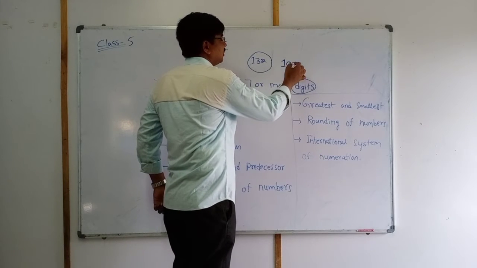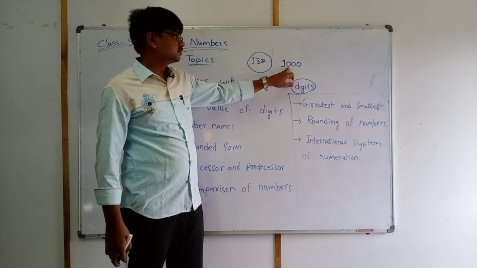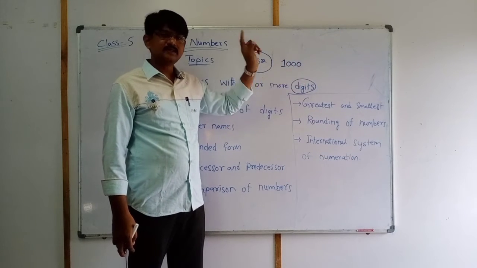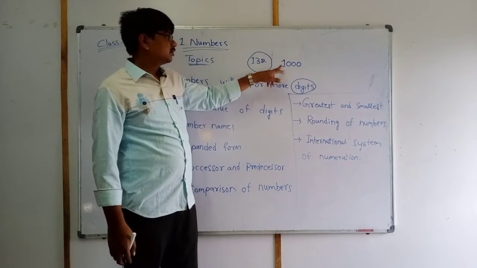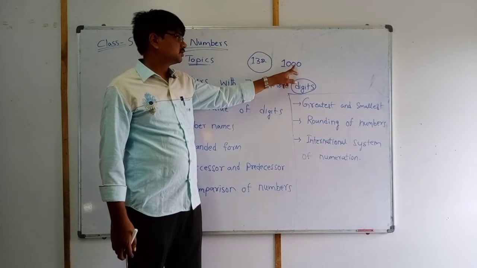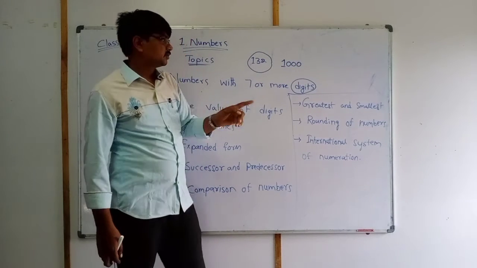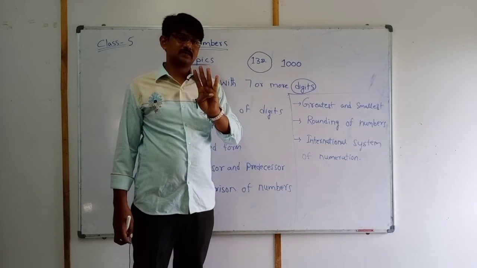One more example, 1000. What is this number? 1000 is a number with 1, 2, 3, 4 digits. 1000 is the number with 4 digits.